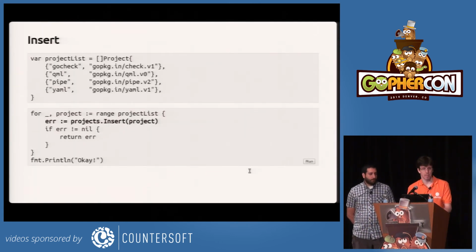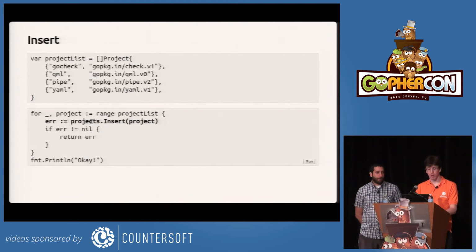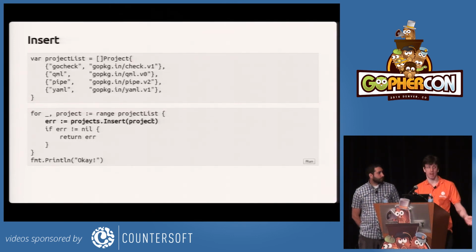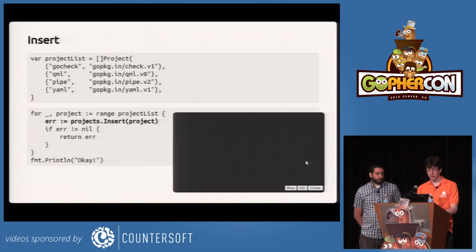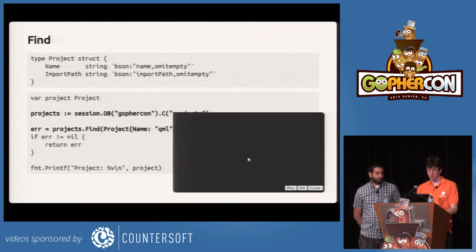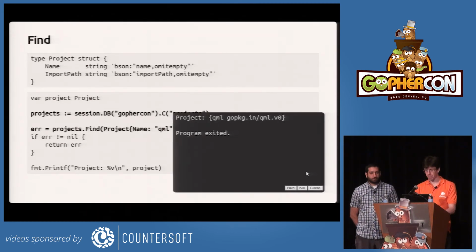So how do we insert something? Again, very straightforward. This is like normal Go, right? It's a list of Go values, and then you just tell the database, hey, persist my value. If we run that again, it's just going to say, okay, I did it. And if we go back, we can now find the value.